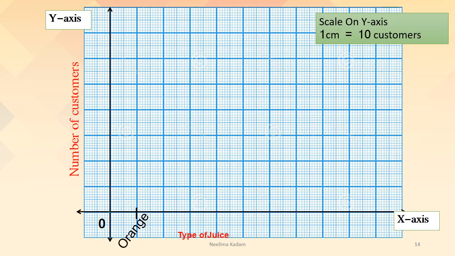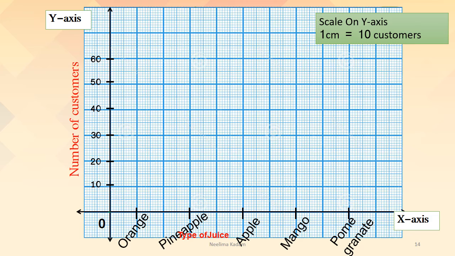Now, the types of juice: orange, pineapple, apple, mango and pomegranate. Okay. Now on the y-axis 1 centimeter equals 10 customers. So 10, 20, 30, 40, 50, 60, 70.